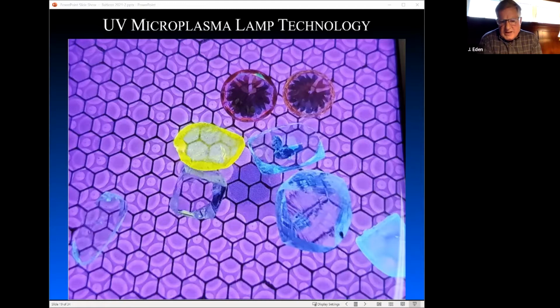And the lamp is flat, very different from the lamps that all of us have grown up with, whether it's a bulb or a fluorescent lamp that's a cylinder or even LEDs. So these lamps are new, and I won't spend a great deal of time talking about how we developed them.